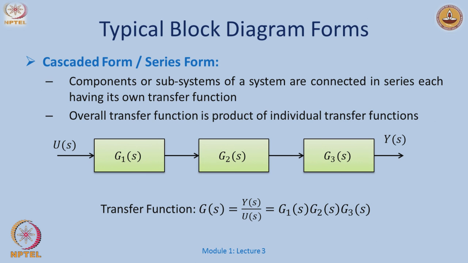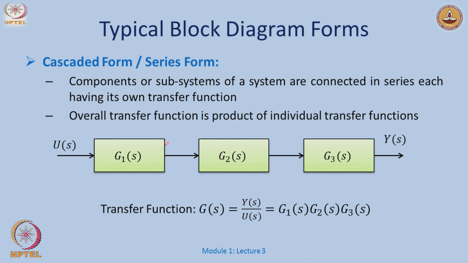Okay. So, what happens if I have systems in this form? There is U(s) which generates a certain Y(s) via G1. This output serves as an input to G2. G2 will have a certain output which will serve as an input to G3, and so on. In this case, the transfer function Y(s) over U(s) is simply G1 times G2 times G3. Okay, let us see this. This is actually straightforward to compute.